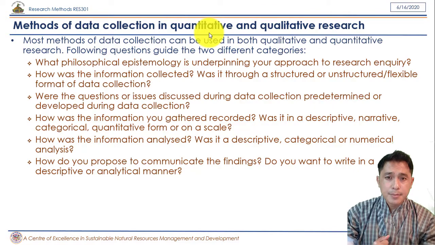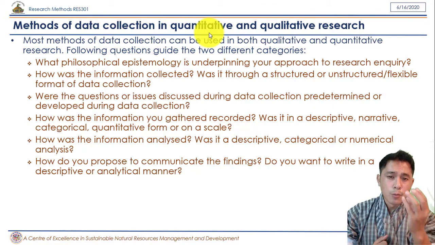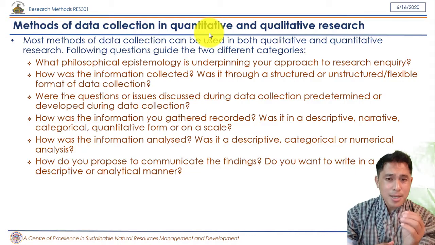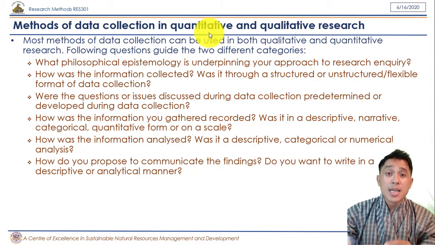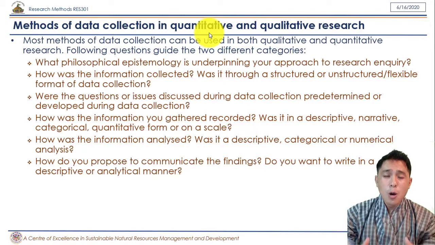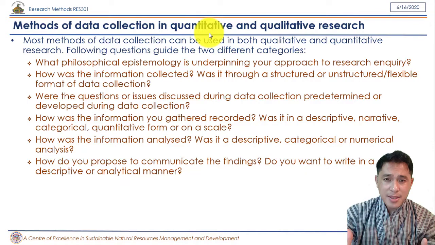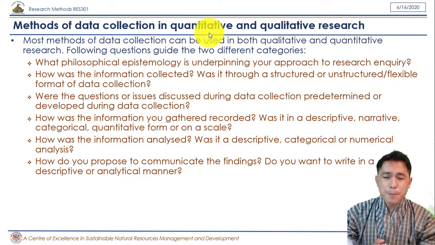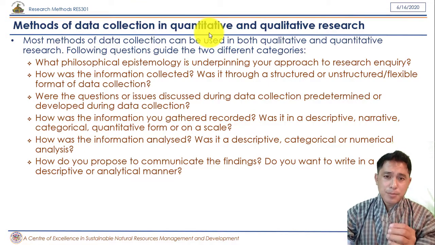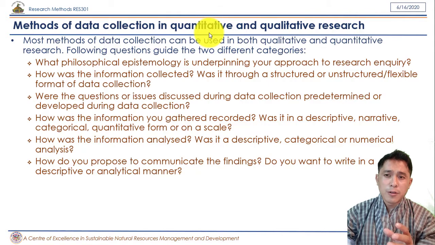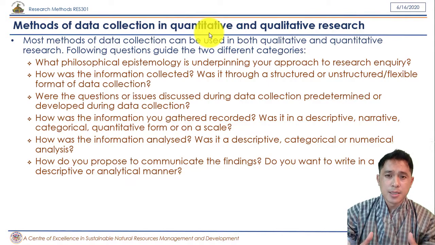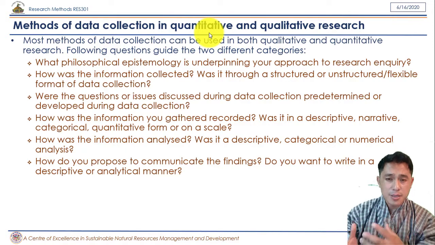That means the same method can be applied to both kinds of research. It just depends on how we are using that method. For example, if you're using method X, usually that method should not be very flexible if we are to collect through that method for quantitative research.